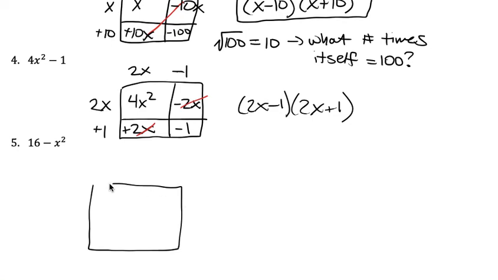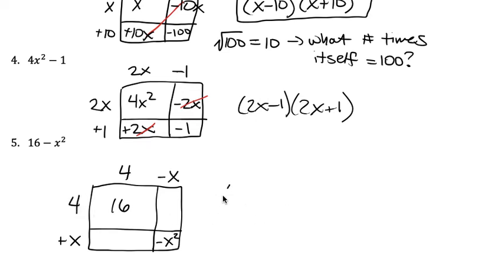Number 5 is 16 minus x squared. So I'm going to draw my diagram again. 16 and minus x squared. If this box is minus x squared, I know that this is going to be minus x and plus x. Or I could put the minus sign down here, it doesn't matter. And to multiply to get 16, I know it's going to be 4 and 4.